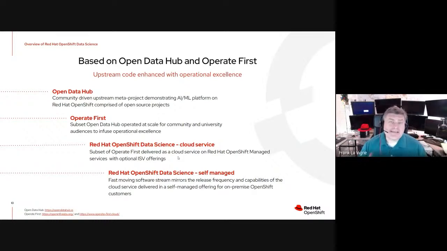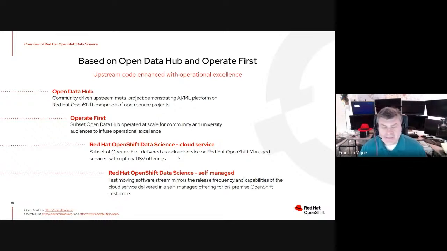How it runs on a containerized platform and is comprised of open source projects. Operate First is a subset of Open Data Hub, operated at scale for community and university type use cases to add operational excellence.